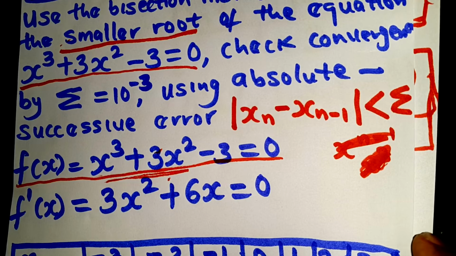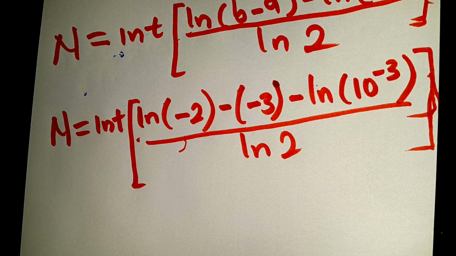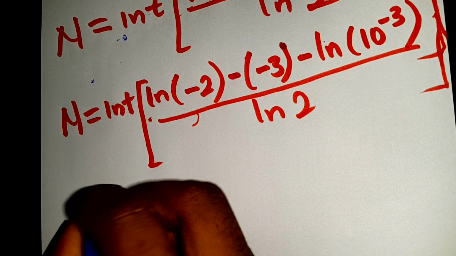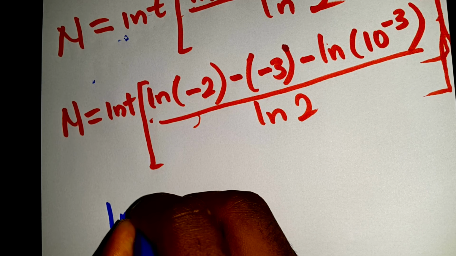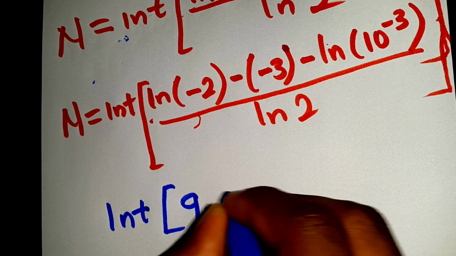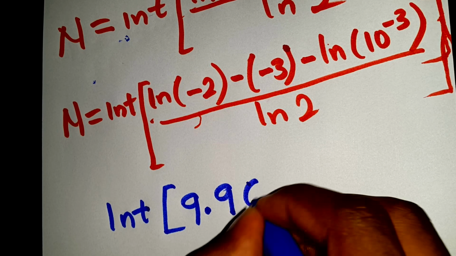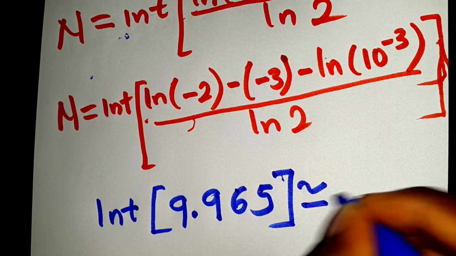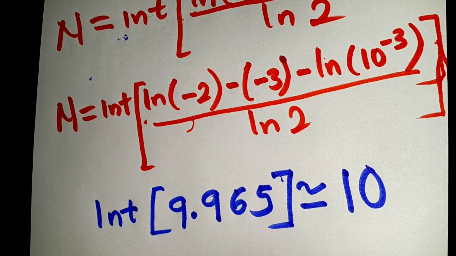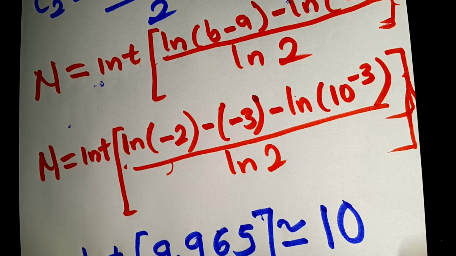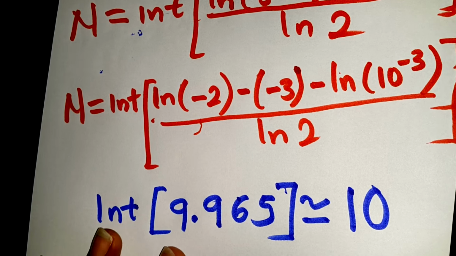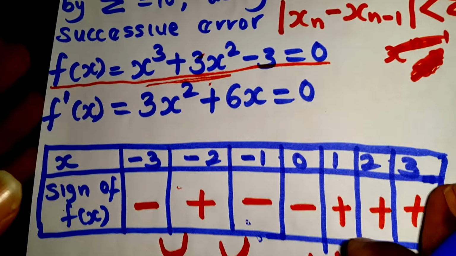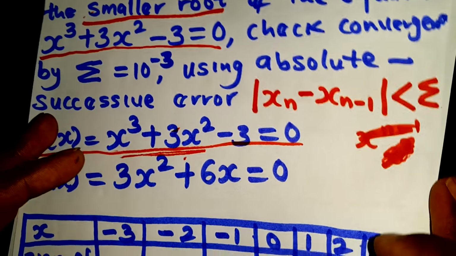If we calculate this with our calculator, we find out that the number of iterations will be the integer of 9.965, which is approximately 10. So this iteration will last for 10. We have to go through 10 steps.